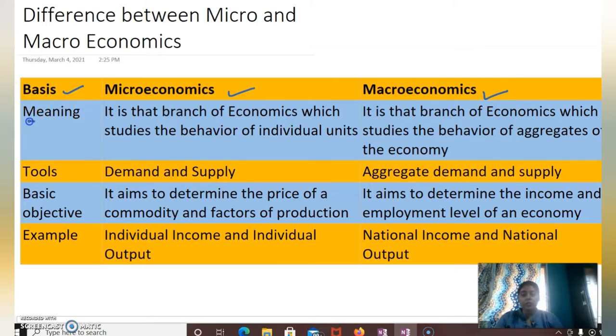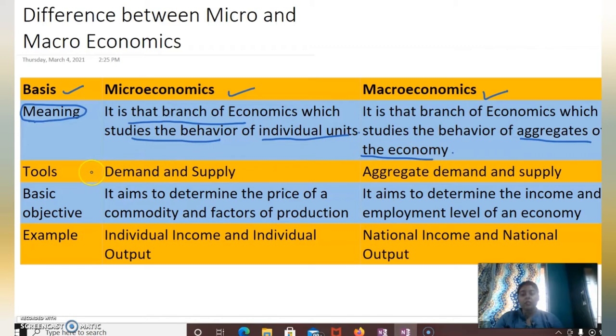On the basis of meaning, microeconomics studies the behavior of individual units, that is individual supply and individual demand. Whereas macroeconomics studies the behavior of aggregates of the economy, for example, aggregate demand and aggregate supply.